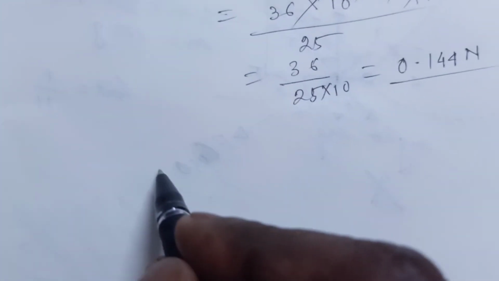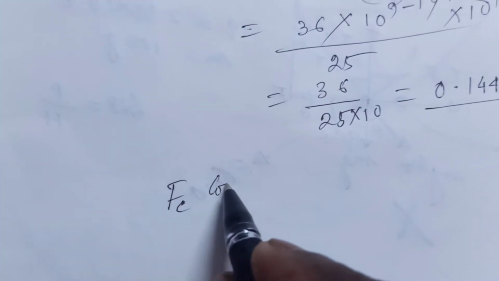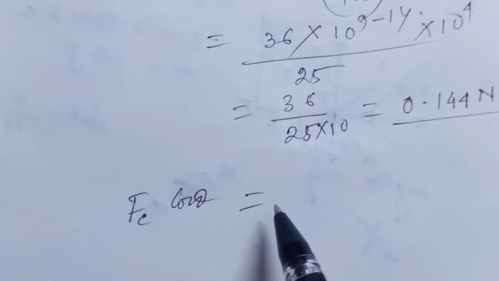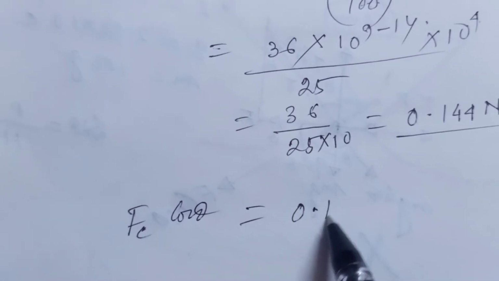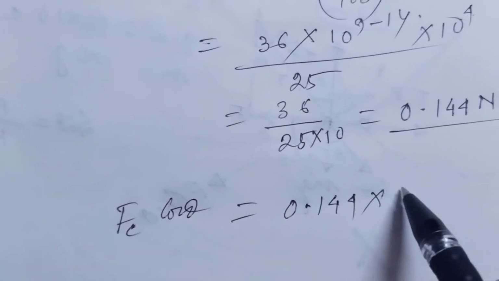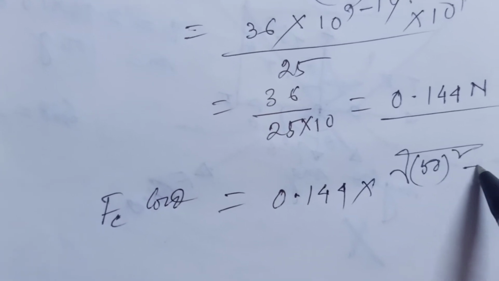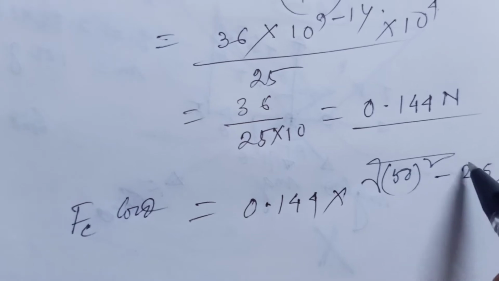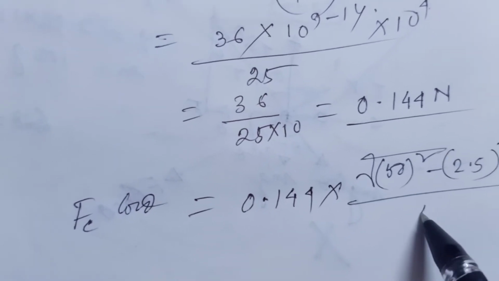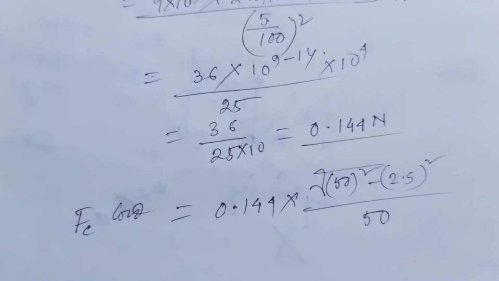Then calculate FC cos theta. So FC means 0.144 into cos theta, that is root of 50 square minus 2.5 whole square, divided by 50.